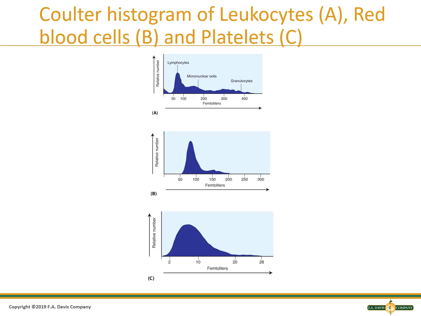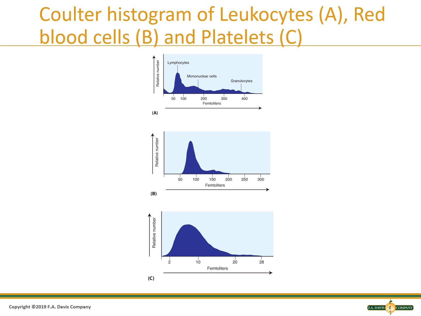These are some graphic examples of histograms in particular from a culture. That's the brand name of a hematology analyzer. This top image shows a histogram of leukocytes. So you can see we have the bottom number is the quantification, the femtoliters, and the relative number is on the left side here.